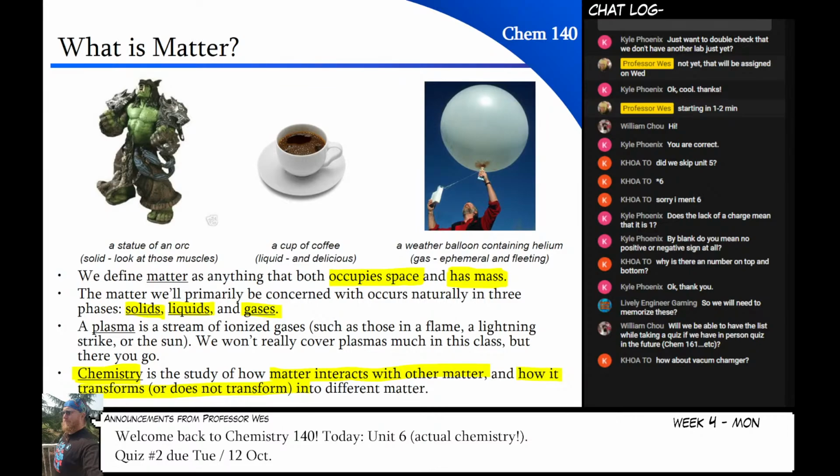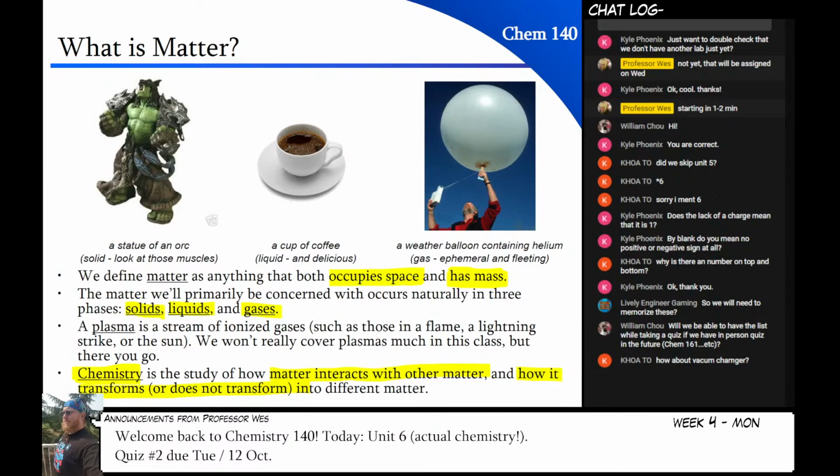For instance, if I put a Mentos with Diet Coke, something happens. Is it Diet Coke or regular Coke that this works? I don't remember. One of them works and one of them doesn't. If I introduce those 2 things together, something happens. But if I do it to the other thing, it doesn't.